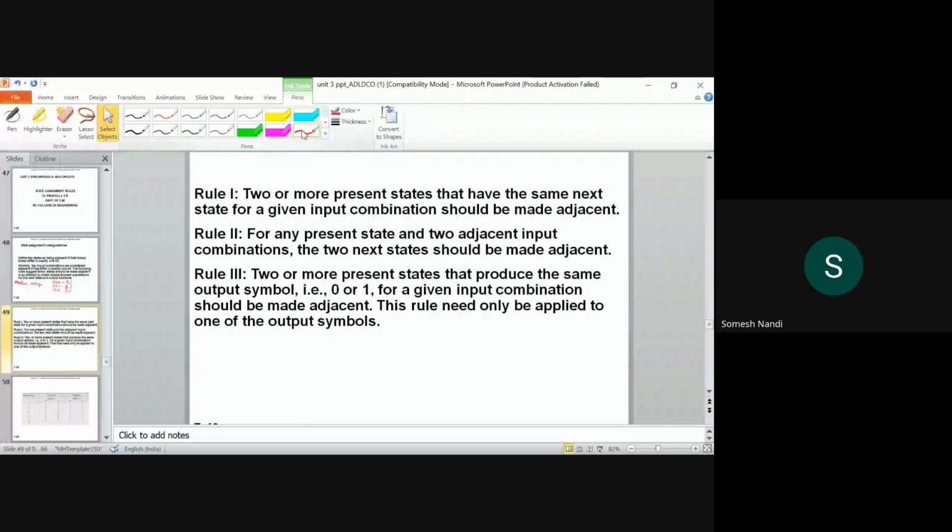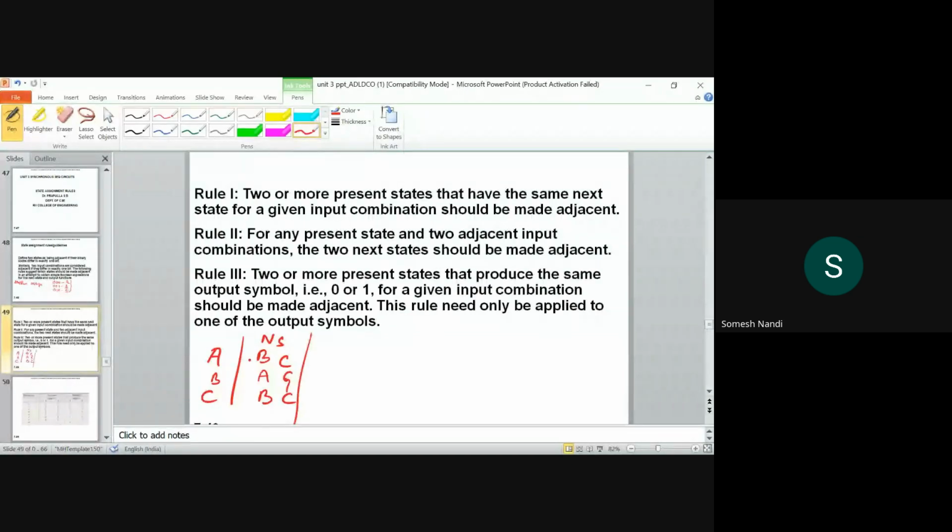Say for example, I have state A. The next state for this is, say, BC. Then say I have state B, something else. Then say I have state C, with next state BC.